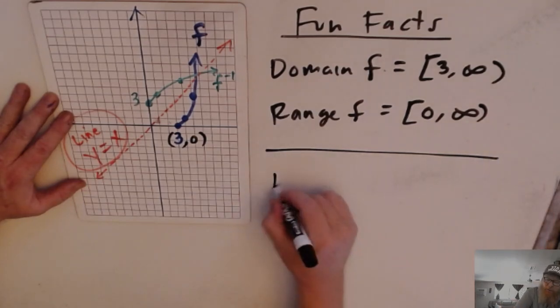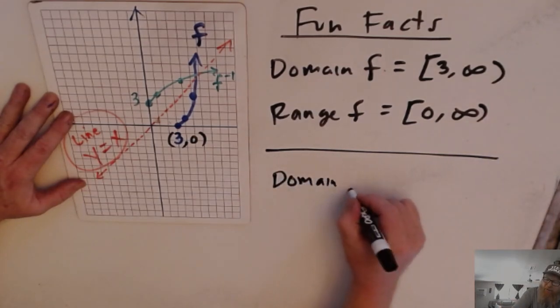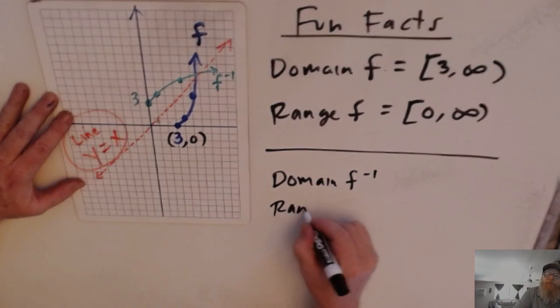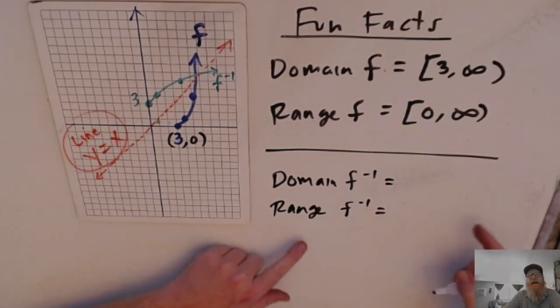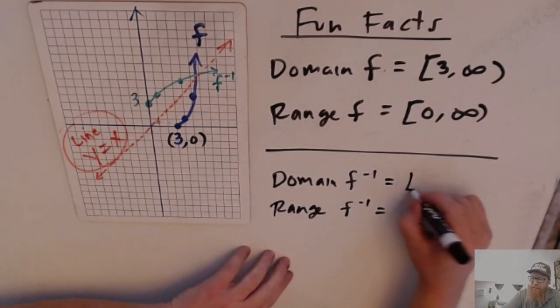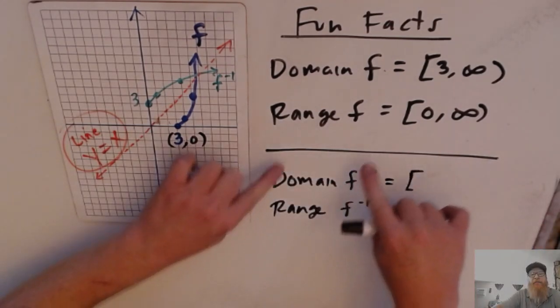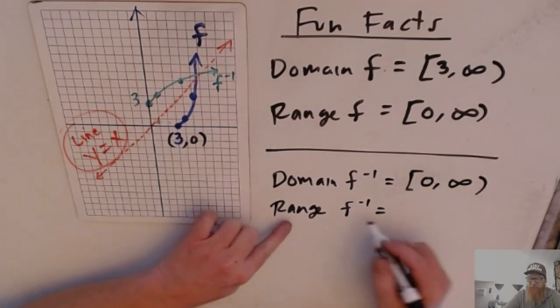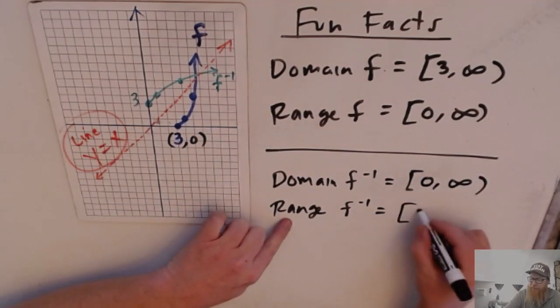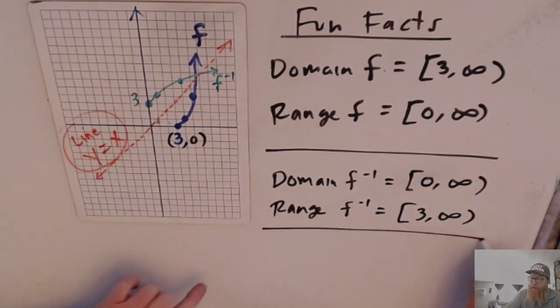Now when you do the domain of f inverse and the range of f inverse, you get these answers for free. Just reverse these. The domain of f inverse is going to be the range of f, and vice versa. The range of f inverse is going to be the domain of f.